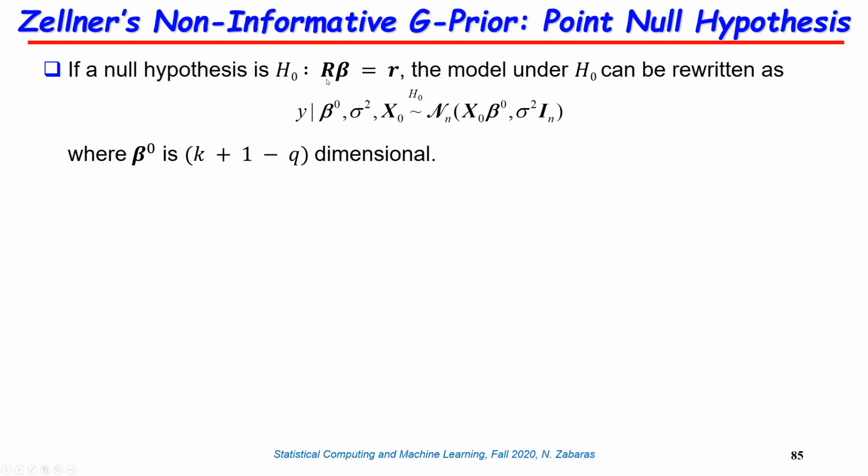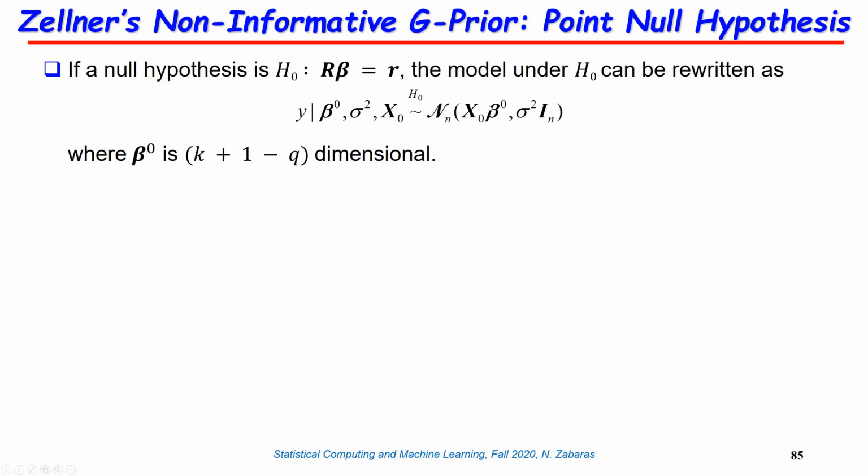So we took that this matrix R has Q independent rows, so it has a row rank equal to Q, which means that this constraint effectively tells me that I can write Q of the variables beta as a linear combination of the remaining K plus 1 minus Q beta variables. And that way, what I defined is a vector beta 0 that's of dimension K plus 1 minus Q, and then I define a corresponding matrix X0 for this particular constraint.